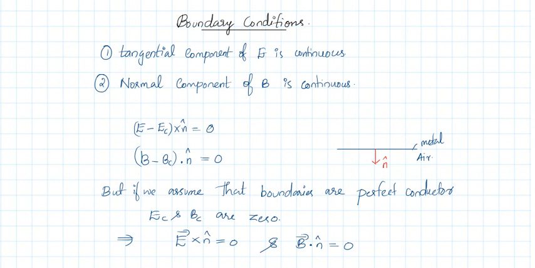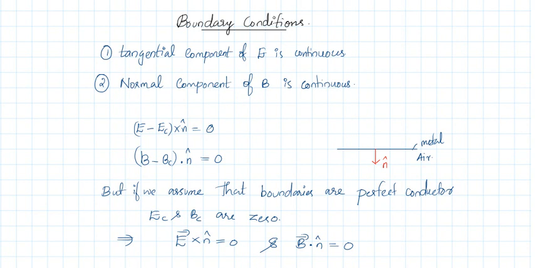So this cross product will be perpendicular to n cap, and that is in the plane of the interface, that is, tangential to the interface. So tangential component of E is continuous means (E − Ec) cross n cap equals 0. Here E is the electric field in air and Ec is the electric field in the metal or conductor, that is why it is Ec.